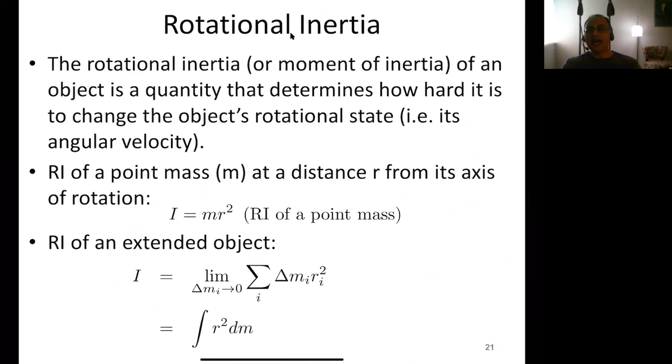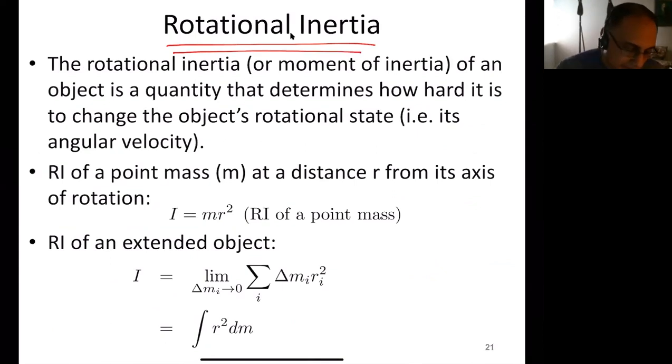All right, the last topic in this chapter is this very important topic of rotational inertia. So what is rotational inertia? We talked about the concept of inertia back in chapter 4, I think.